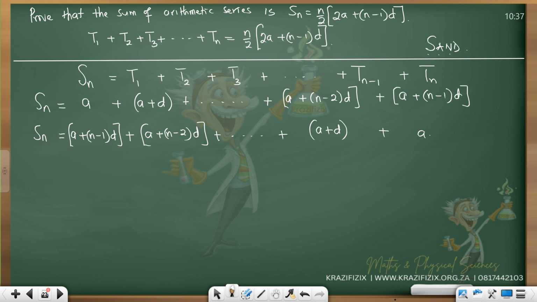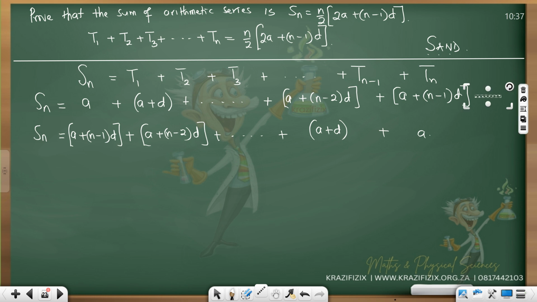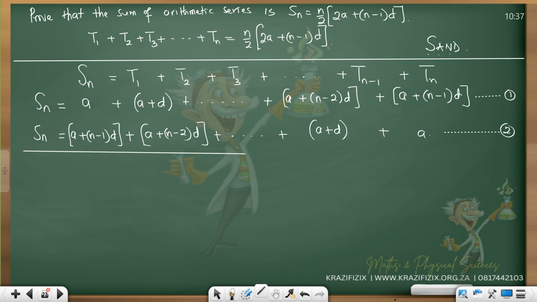If we call this equation 1 and equation 2, can somebody tell me what we did next? After reversing the whole thing, we did something. Come, let's be part of the class. We add going down. Thank you, Dube.